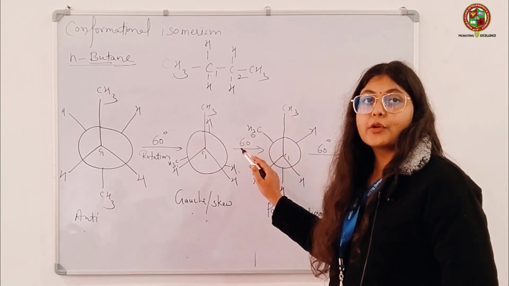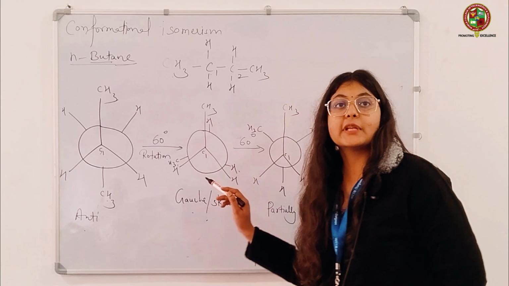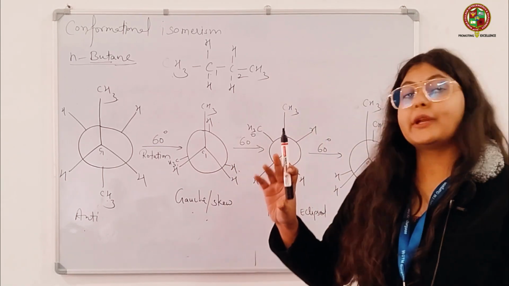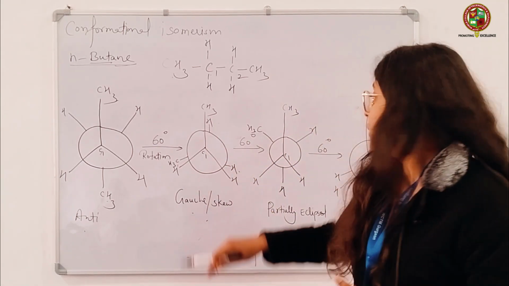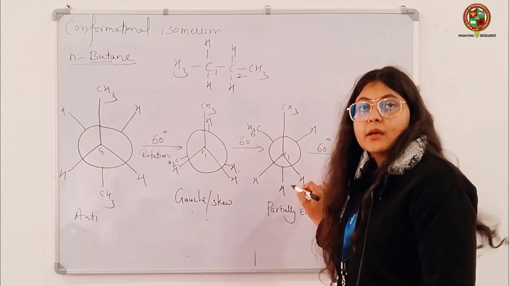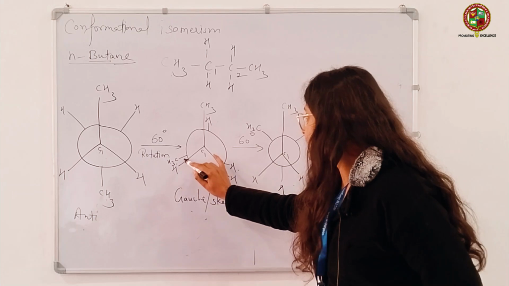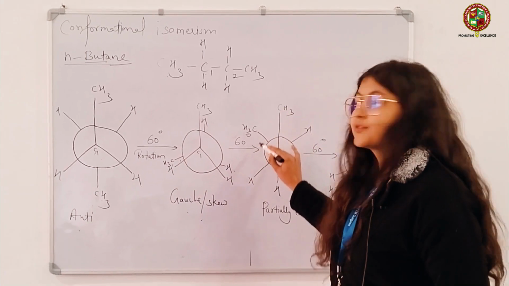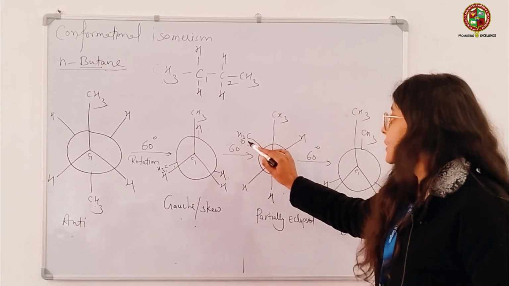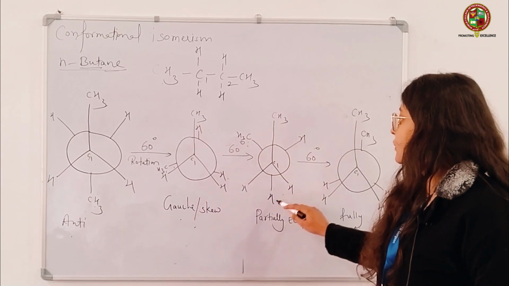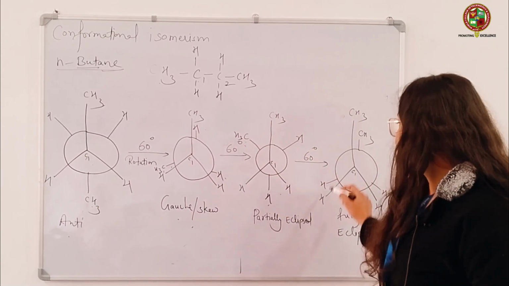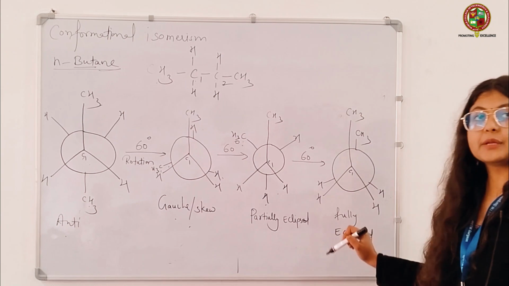Same thing, 60 degree rotation. Firstly, we stabilize carbon 1, the front one, and rotate carbon 2 by 60 degrees again. CH3 is here. After the rotation of 60 degrees, CH3 will come here, with hydrogens. Okay.